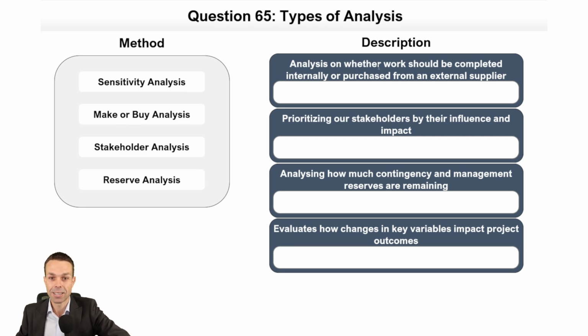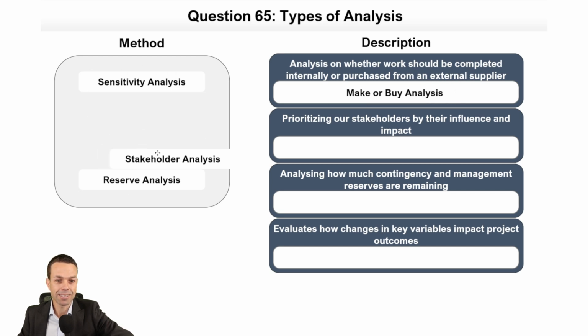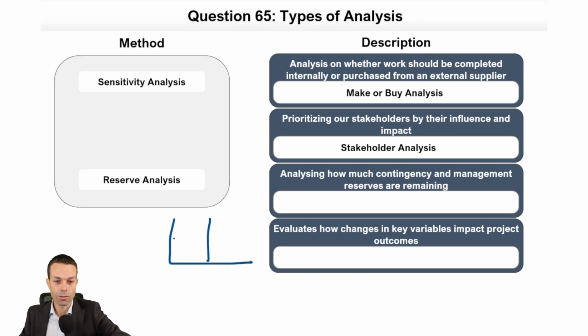Types of analysis. Analysis on whether work should be completed internally or purchased from an external supplier. We're figuring out whether we need to make it ourselves or buy it. Make or buy analysis. Prioritizing our stakeholders by their influence and impact is stakeholder analysis. And you remember what this looks like, don't you? It's like a matrix, and we've got 4 quadrants basically of 1 to 10 and 1 to 10.